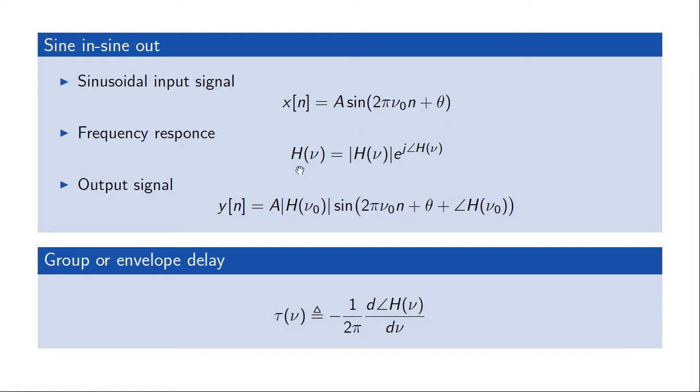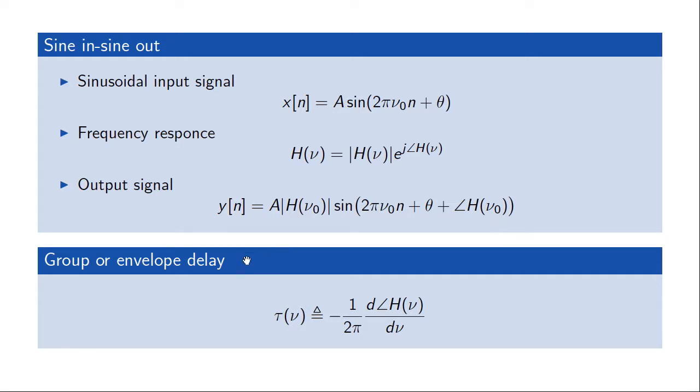Then we know that if you have a frequency response and you split it into the magnitude of the frequency response and the phase of the frequency response, the effect this will have on the sinus signal at the input will be to give an output signal which is also a sinusoid with exactly the same frequency, but the amplitude has been changed by the absolute value of the frequency response at the particular frequency of this sinusoid, and there will be a change in phase equal to the phase of the frequency response at this particular frequency.